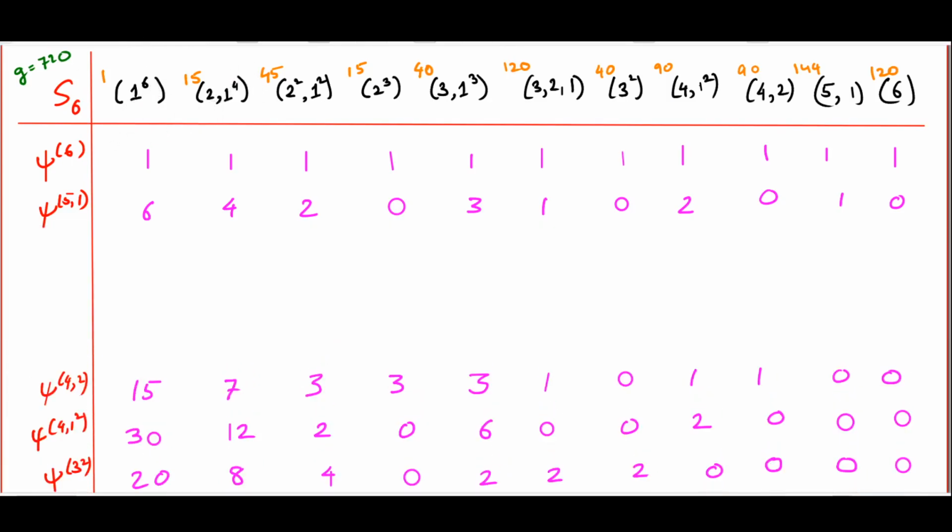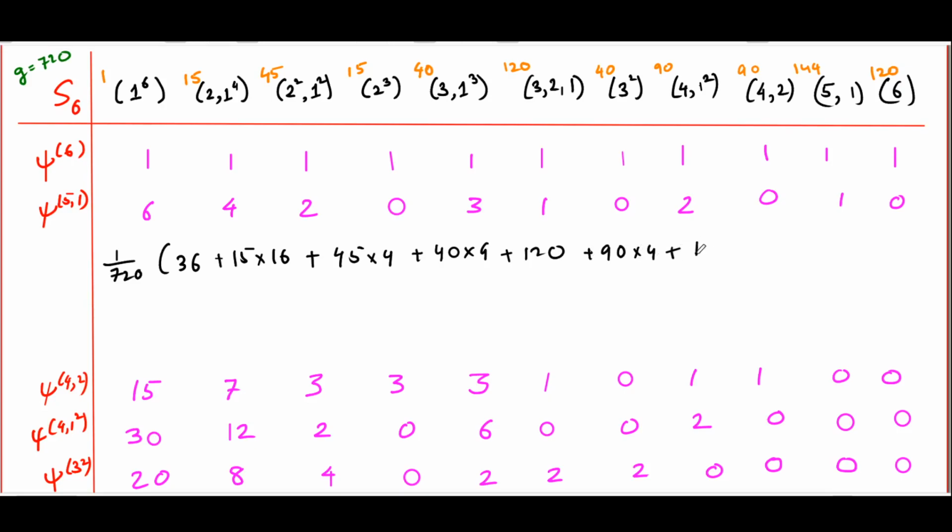The fact that this is compound is easily seen because if you dot this particular character vector with itself, you get 1 by 720 into 36 into 1 plus 15 into 16 plus 45 into 4 plus 40 into 9 plus 120 into 1, of course, plus 90 into 4 plus 144.